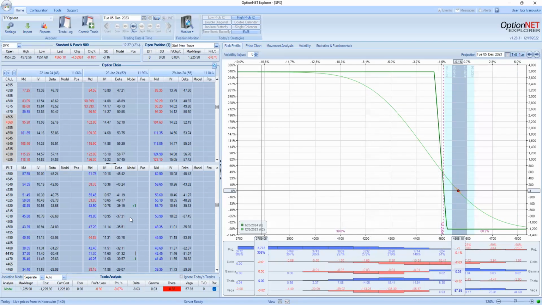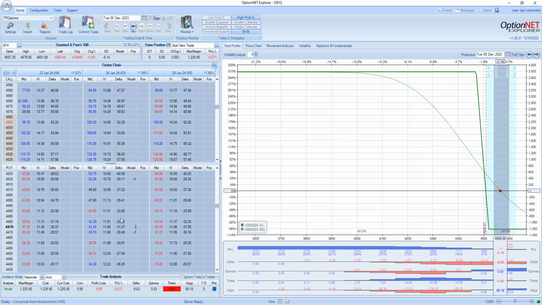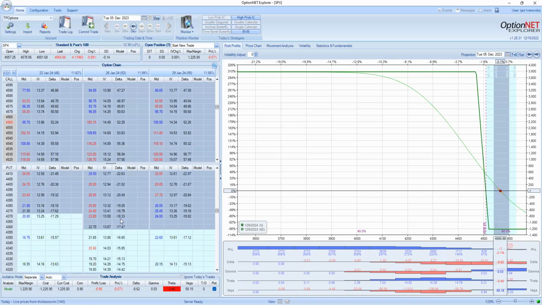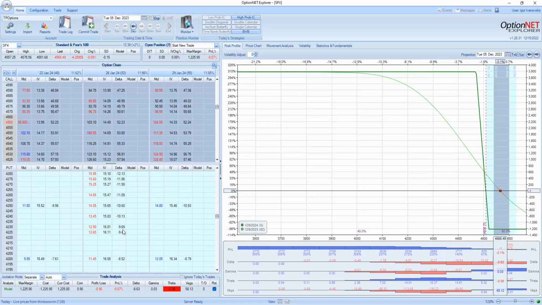And normally I would sell out of the money puts that are trading for exactly what I'm paying for the put debit spread. Meaning if I bought the put debit spread for $12.20, I need to scroll all the way down, and I'm looking for a put that is trading for about $12.20.